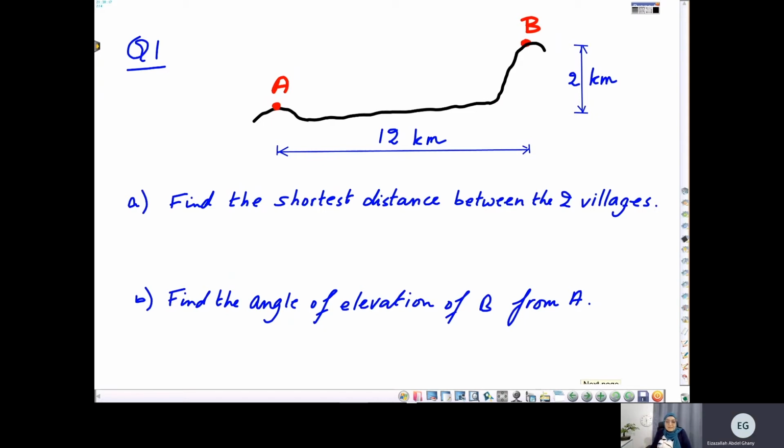If the horizontal distance between them is 12 kilometers, here is the horizontal distance between them, it's 12 kilometers. And the vertical distance between them is 2 kilometers. He needs you to find the shortest distance between the two villages and the angle of elevation of B from A. First of all, we have to form a right angle triangle.